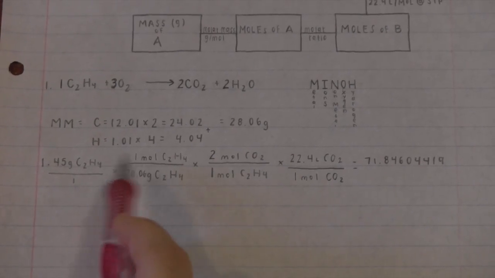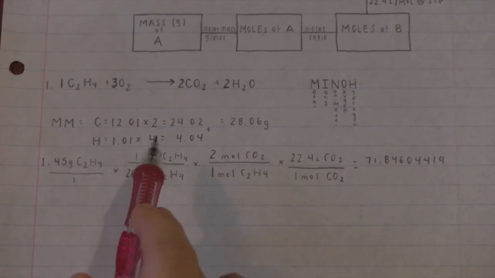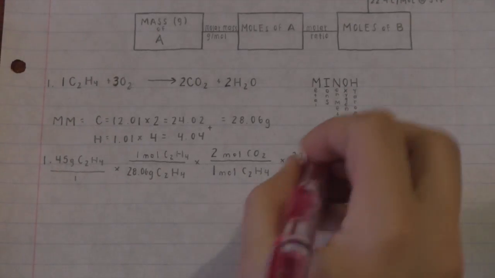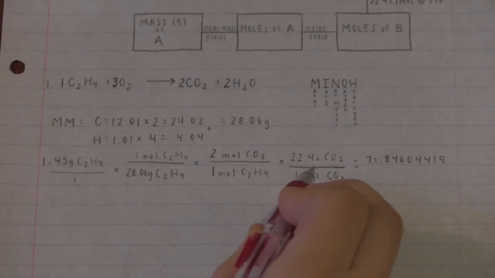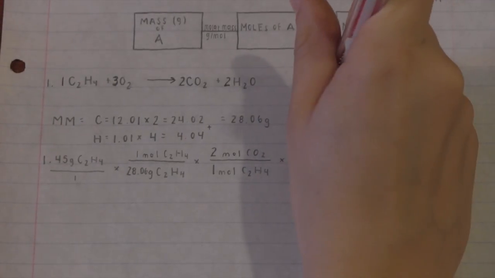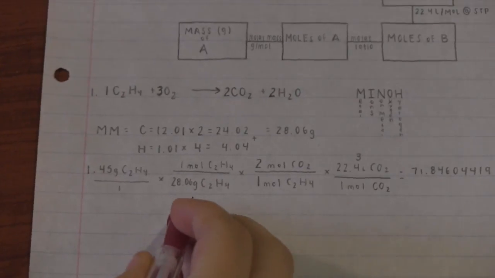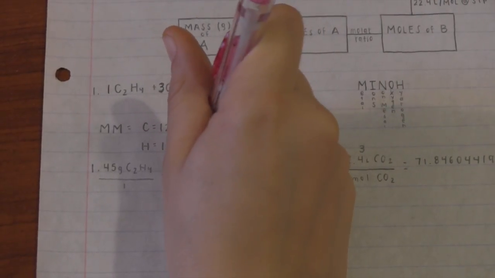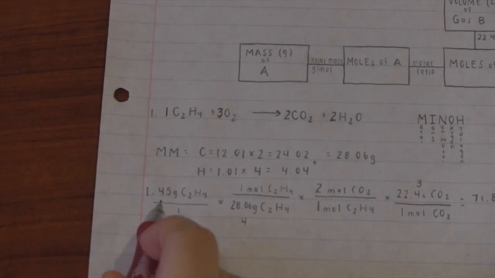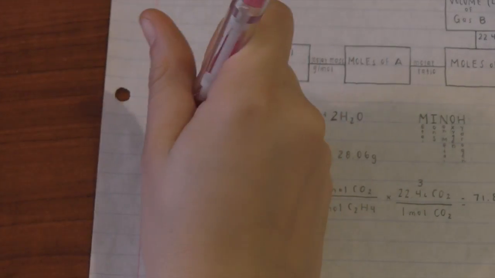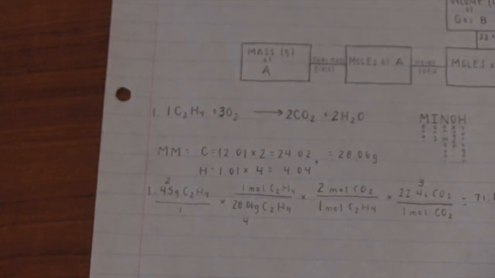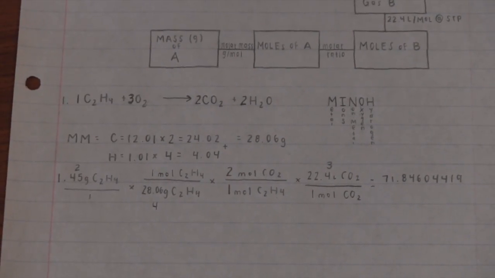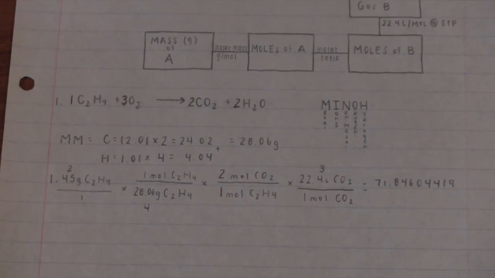However, you do not count the 1s or any of the moles in significant figures. 22.4 has 3 significant figures. 28.06, however, has 4 significant figures. And 45 only has 2. This makes 2 your least amount of significant figures, meaning you must round to 2 significant figures.